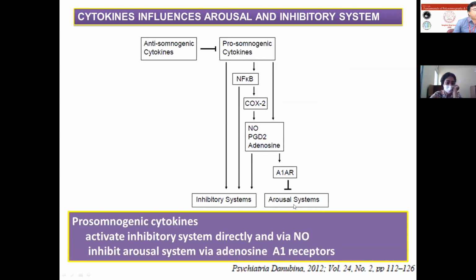Arousal system is the wake system. So all these pro-somnogenic cytokines, including nitric oxide, prostaglandin D2, at the end of the day, it's adenosine. Adenosine inhibits the arousal system by the A1 receptor, and sometimes these cytokines directly activate the inhibitory system, right? It can induce sleep.